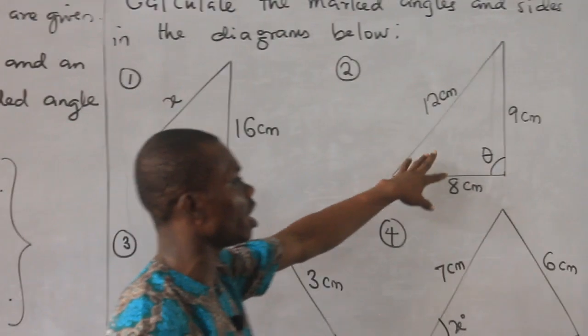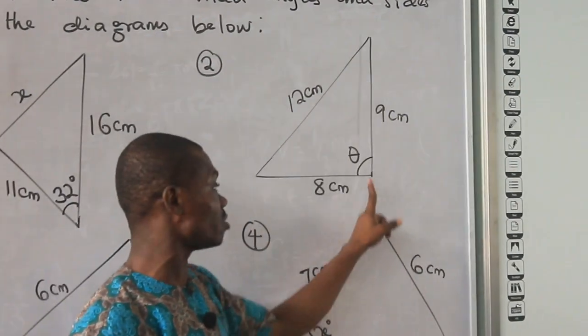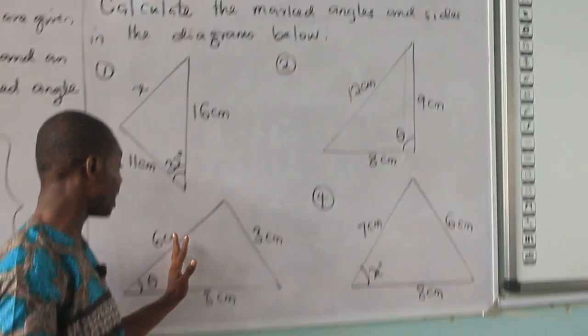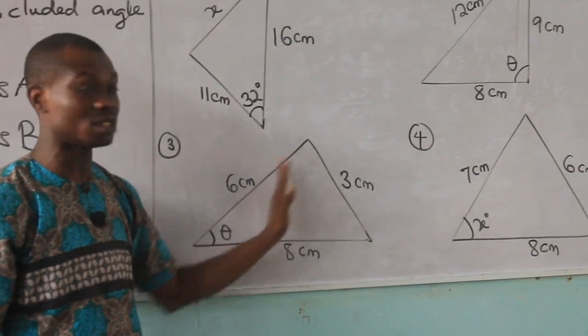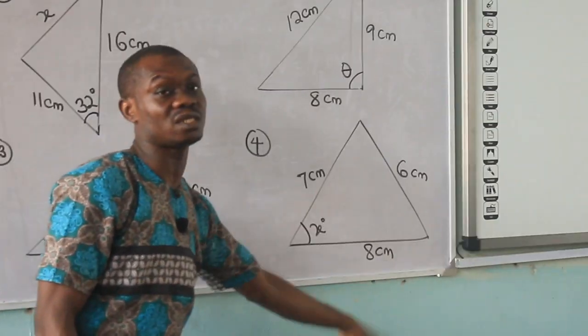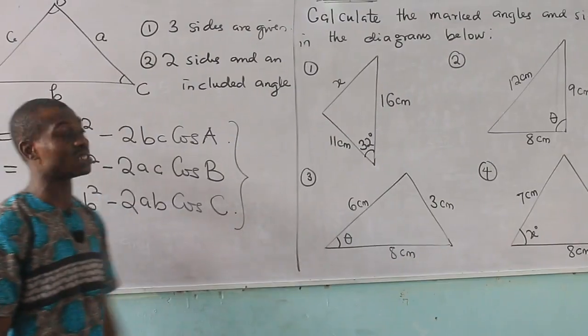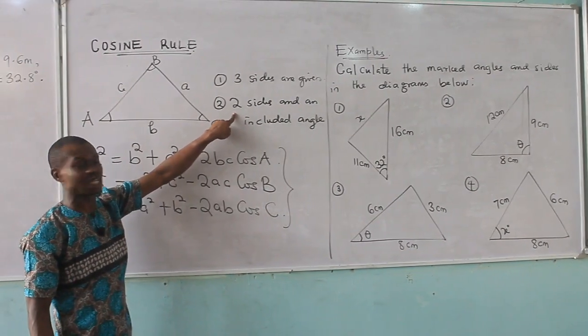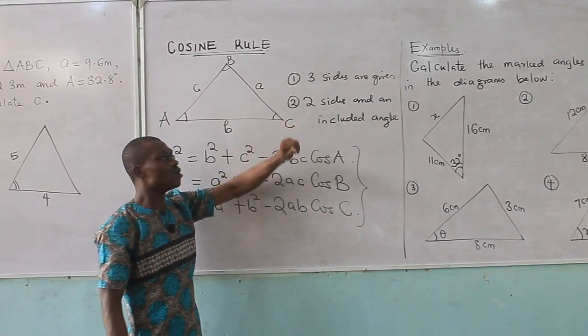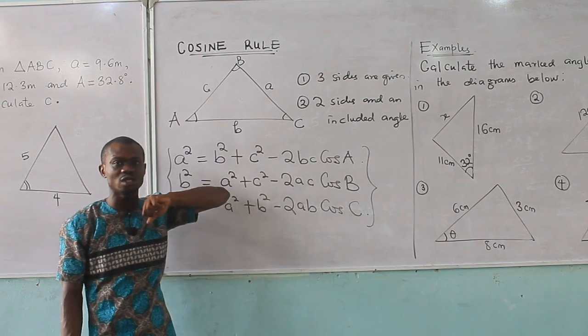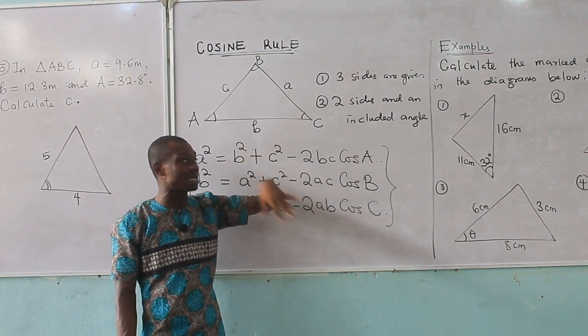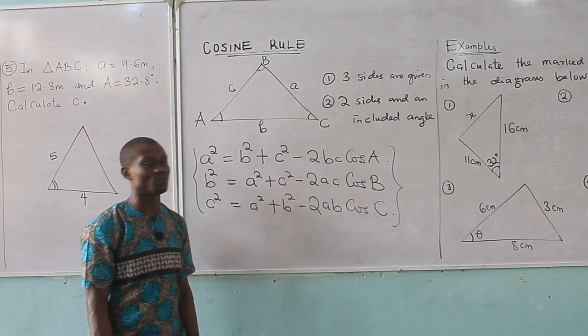So if you watch here, the three sides are given and you're asked to find one. The same is applicable here. The three sides are given and the same is applicable here. So the example 1 is what satisfies the condition 2. So if any of these two conditions is seen in an example, then the cosine rule should be used.